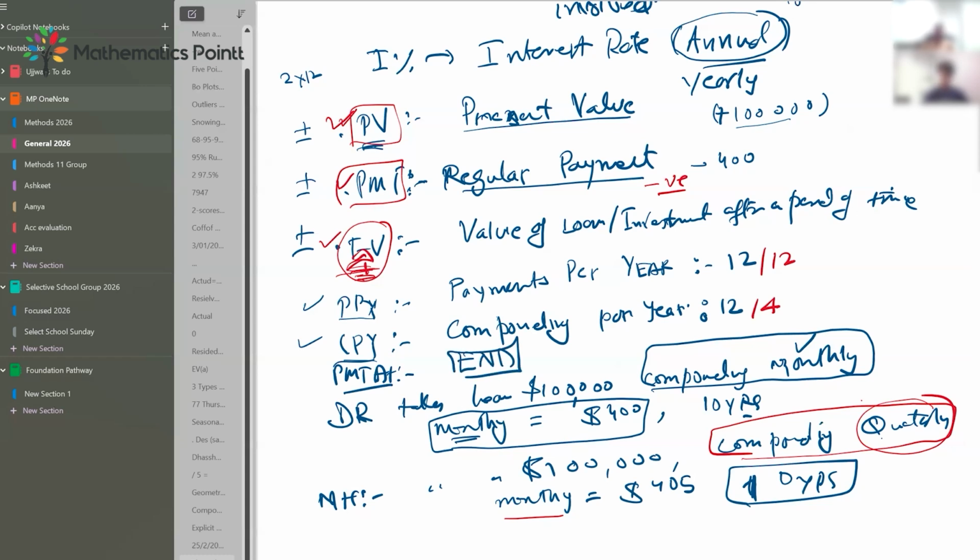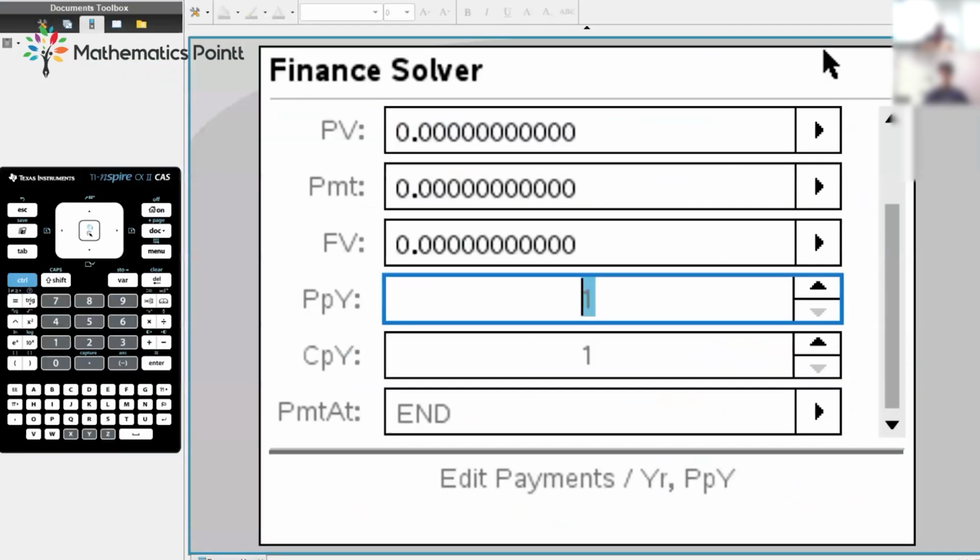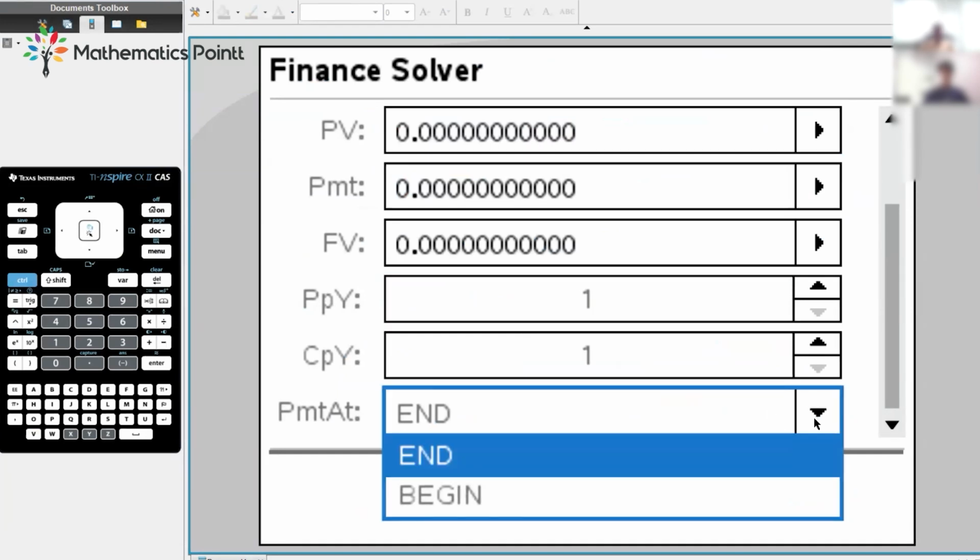You will not change it unless the question tells you to. 99.9% of the time, they will test you with PMT At being end, but at times they can trick you with a different value. If you look at it, you have beginning or end. What does that actually mean?